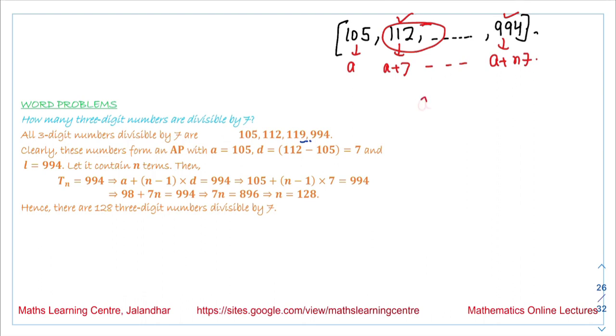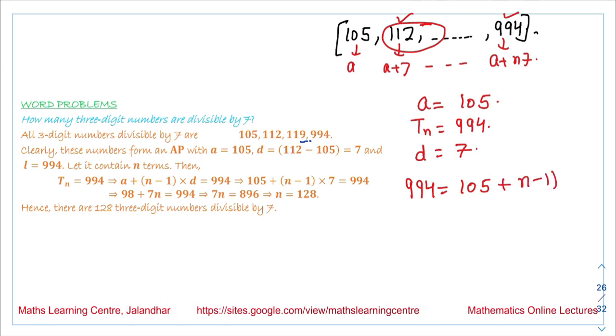So we have a equal to 105, Tn equal to 994, and the common difference is 7. So we get 994 is equal to 105 plus (n minus 1) times 7.